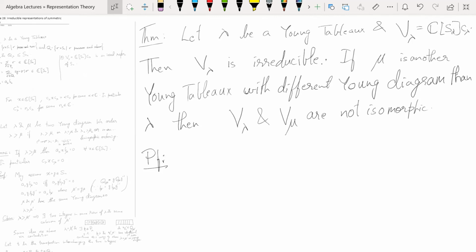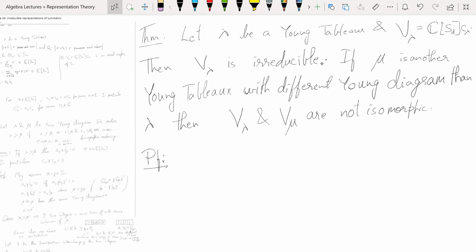Okay, so now the main theorem. Let lambda be a Young tableau and v lambda be this guy, which was there as well. Then we want to say that v lambda is irreducible. Moreover, if mu is another Young tableau with a different Young diagram than lambda, then v lambda and v mu are not isomorphic. So these are the two statements we want to prove.